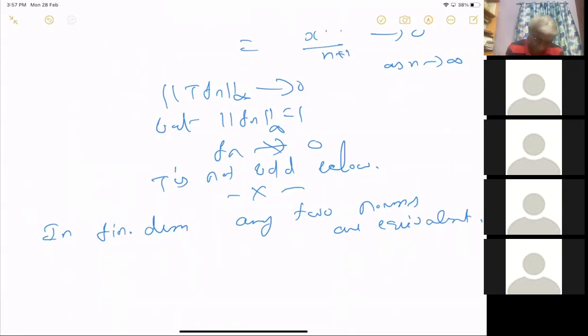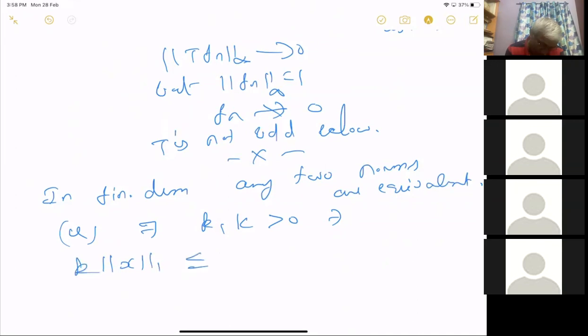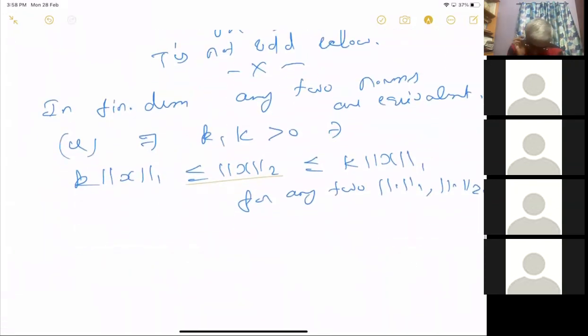So there exists a constant k greater than 0 such that (1/k) times norm x1 is less than or equal to norm x2, which is less than or equal to k times norm x1, for any two norms, norm 1 and norm 2, on a finite dimensional space. But in infinite dimension, this need not be true. Two norms need not be equivalent.